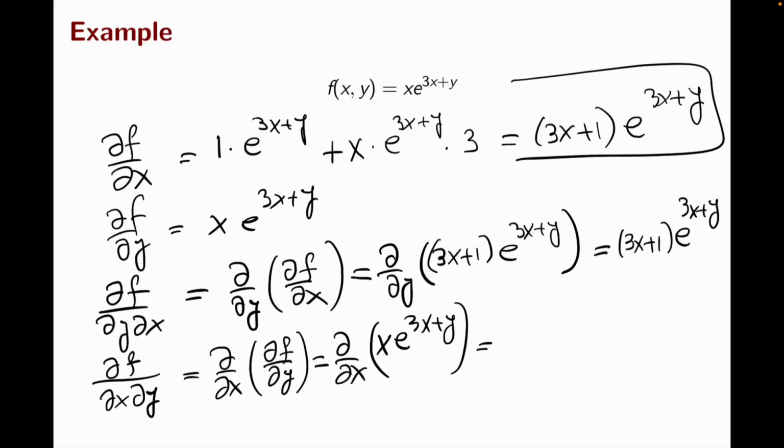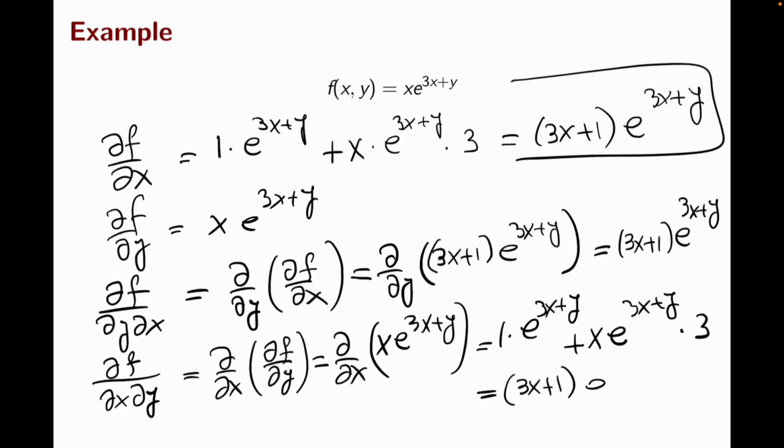So let's do this product derivative, times 3 by the chain rule, and taking the common factor here, we get (3x plus 1) e to the 3x plus y.